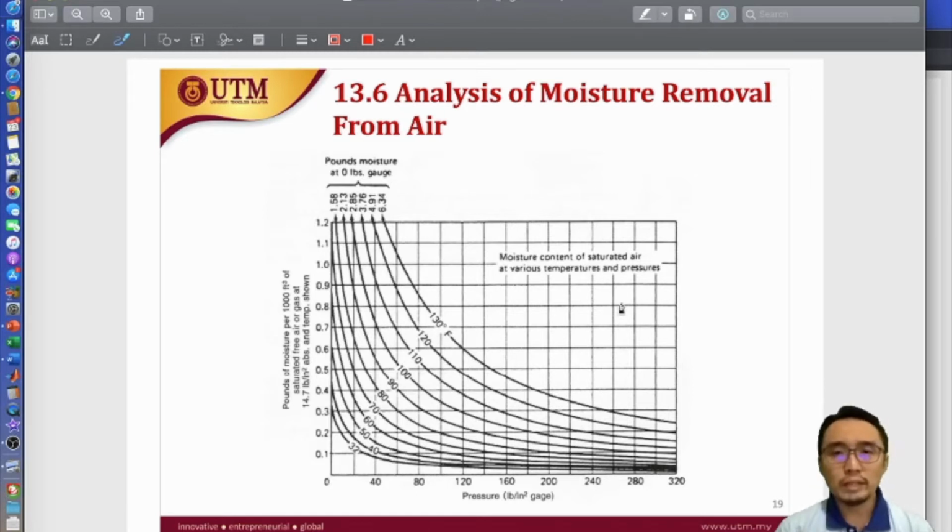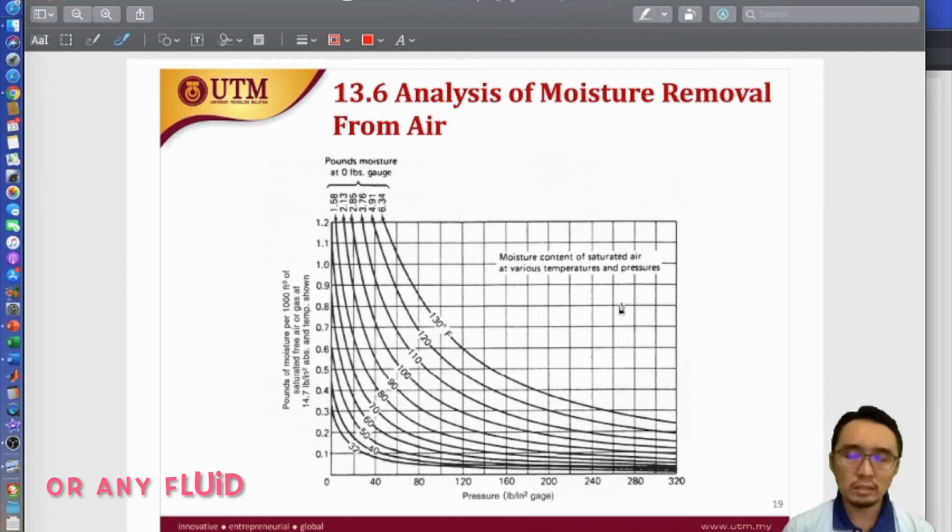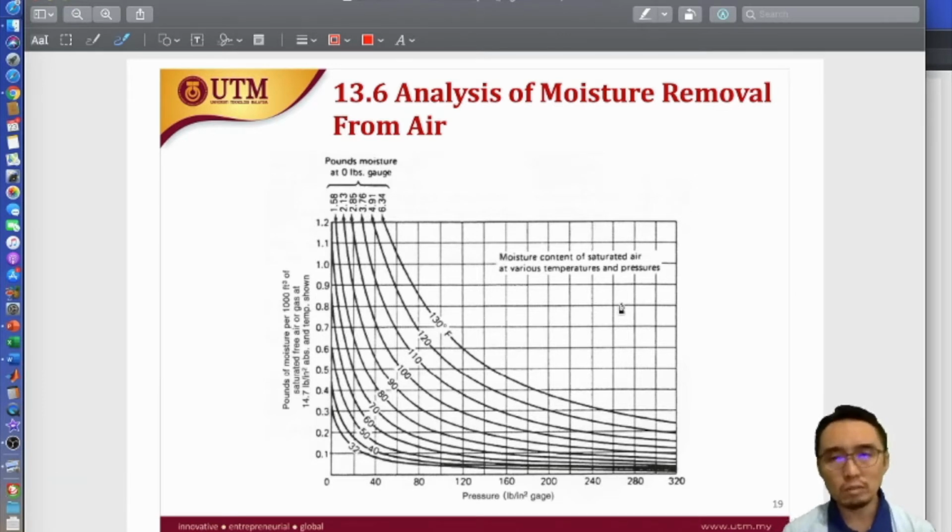Before, when we looked at hydraulic systems, we did not encounter this problem because in a hydraulic system the medium to transfer energy is oil. The amount of oil will remain the same as long as there is no leakage. The oil will continue to be circulated all over our system.